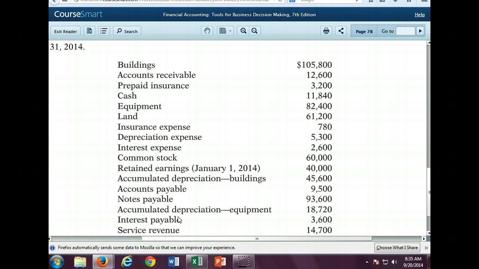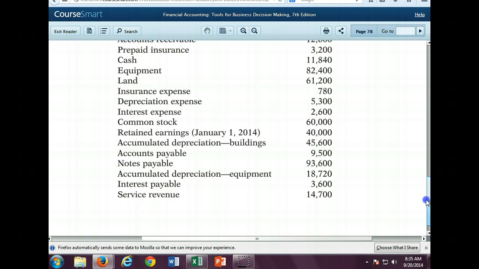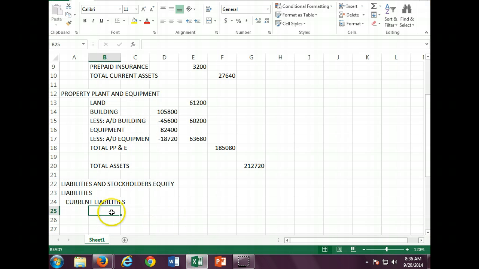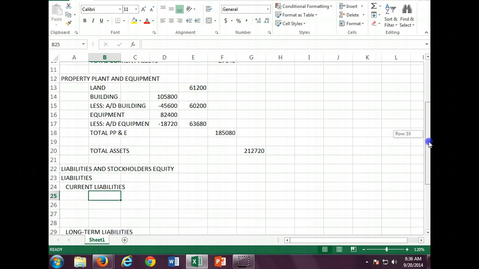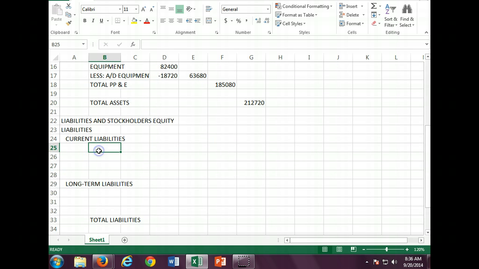So, what do you guys think we have for some current liabilities? Accounts payable. What else? 13.6 of the notes payable. What else? Interest payable. So let's put those in, guys. We're going to show accounts payable of 9,500.